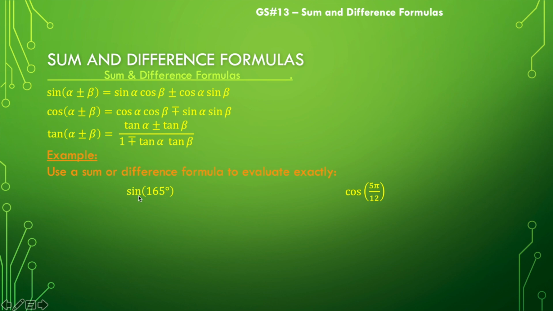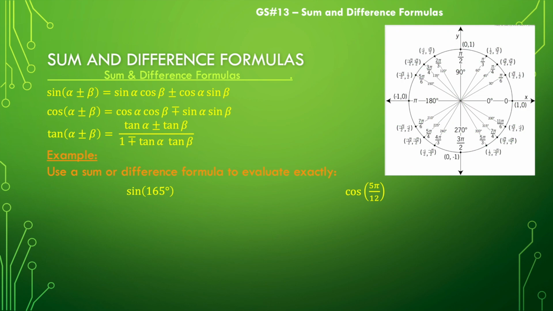Okay, and so that's why those examples we did before were done, to kind of segue us into this idea. Now, when we do this, it's helpful to kind of look at a unit circle. We do know that 165 degrees is somewhere around here. So I'm going to focus my attention on angle measures that are close to 165 degrees.